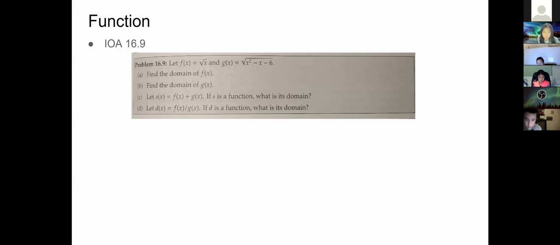Then we have to pick the inequality that fits both of them, which is x greater than or equal to 3. Yep, that's exactly right. Everybody agree? Okay, let's move on to D.